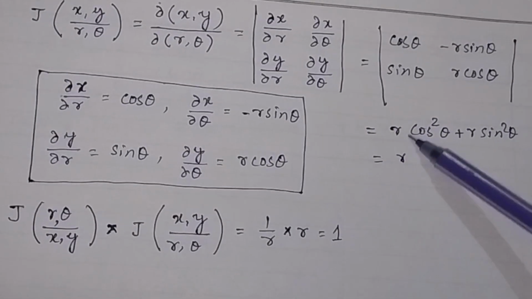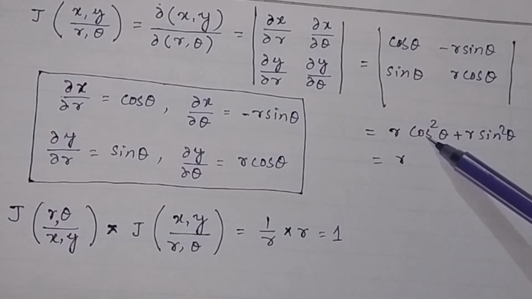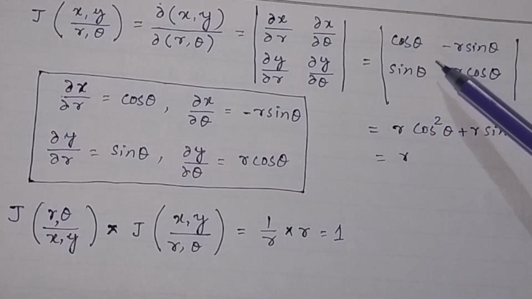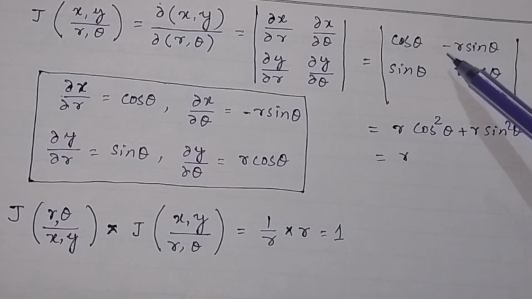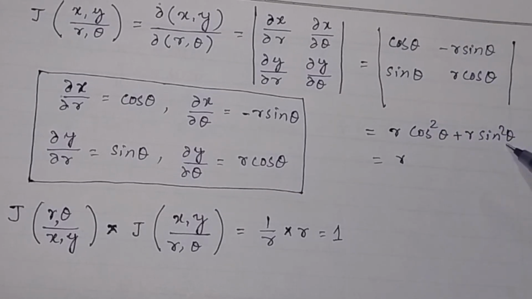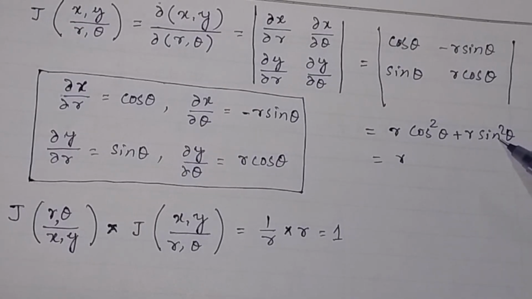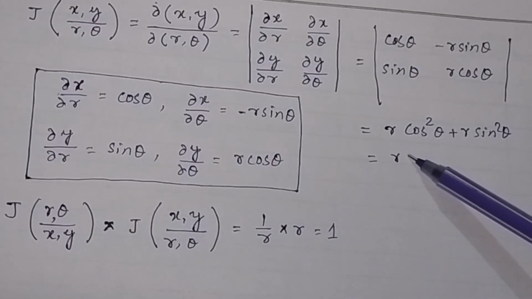So if you solve it, cos theta into r cos theta is equal to r cos square theta, plus, because you have a minus, so minus minus plus, r sin square theta. If you take r common, cos square theta plus sin square theta is equal to 1. So this will be equal to r.